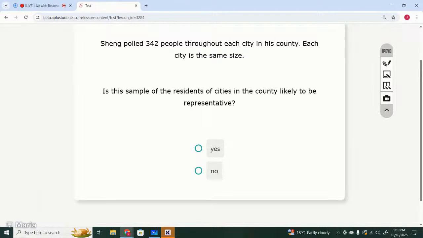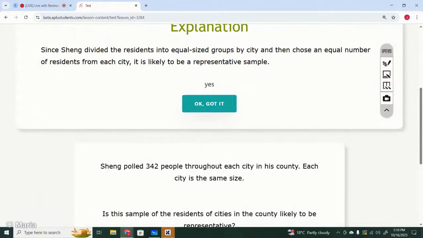It is representative because each city has an equal number of residents. That is actually the main thing. So it is likely to be representative. So yes, it is.